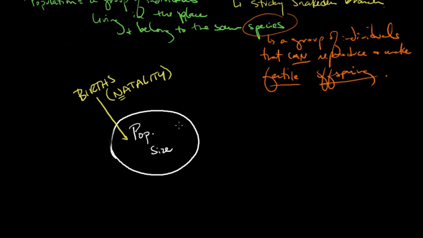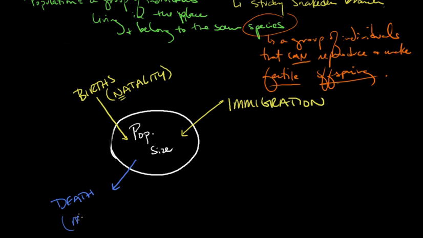And the other thing that can add to population size is immigration, which you should know is basically individuals moving into a place. And then we've got ways to reduce the population, which would be death, or sometimes referred to as fatality, but in this case, mortality.